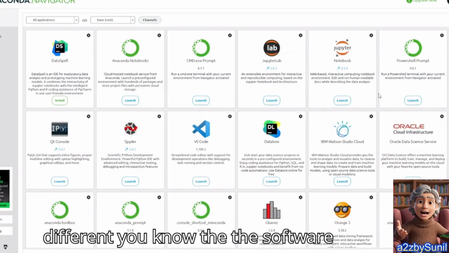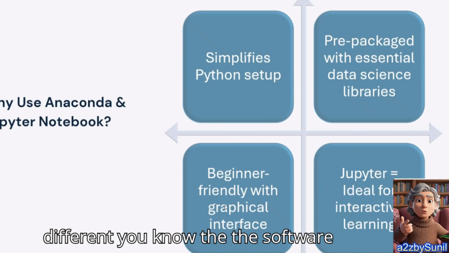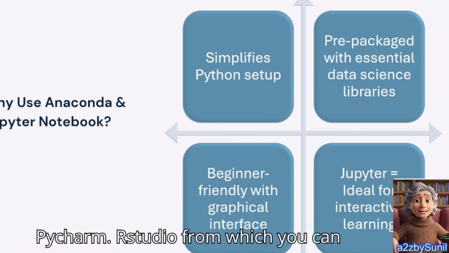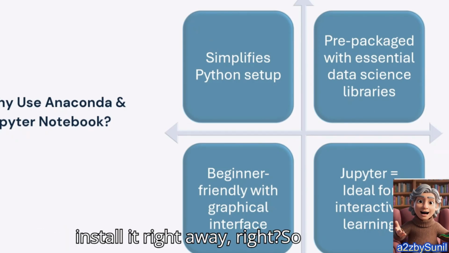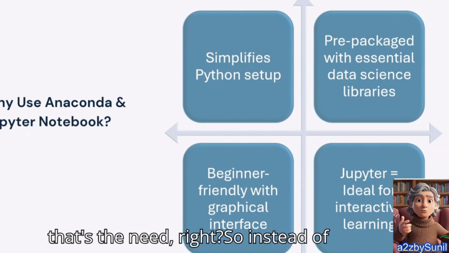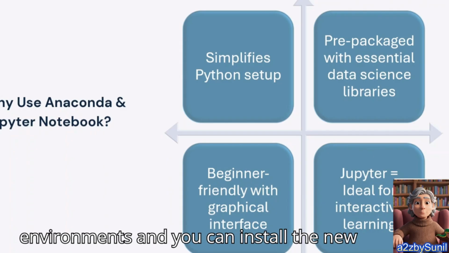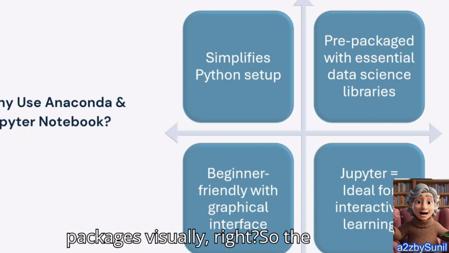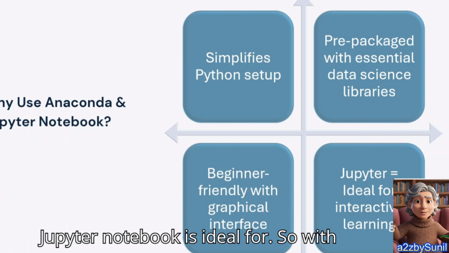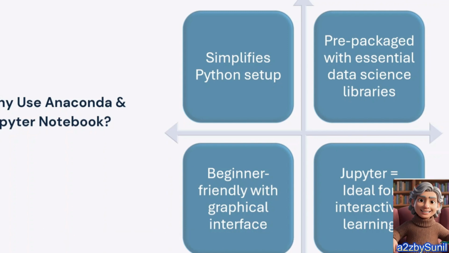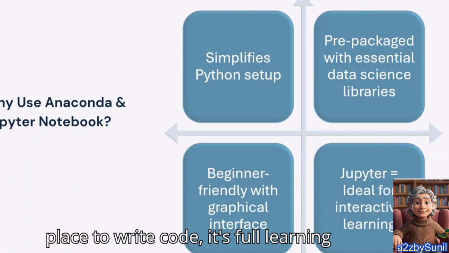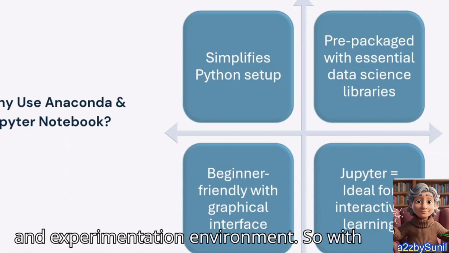There are various different software available. You even have PyCharm and RStudio, which you can install right away. So that's the need. Instead of typing commands in the terminal, you can open the Jupyter Notebook, manage environments, and install new packages visually. Jupyter Notebook is ideal for interactive learning. It's not just a place to write code, it's a full learning and experimentation environment.